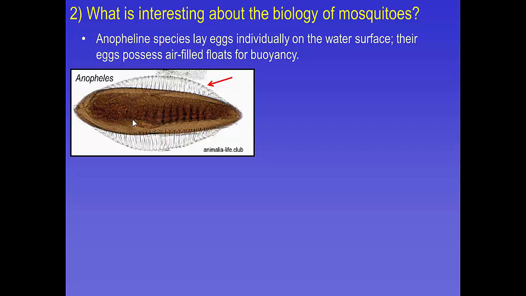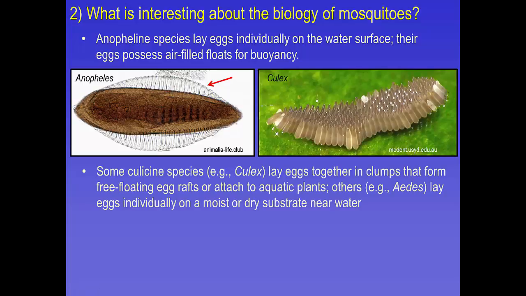The red arrow in this figure is pointing out where those air-filled floats are, which are translucent in appearance. In contrast to the eggs of Anopheles species, the eggs of Culex species are laid together in clumps that form free-floating rafts that will stay on the water surface, or they can attach to aquatic plants.